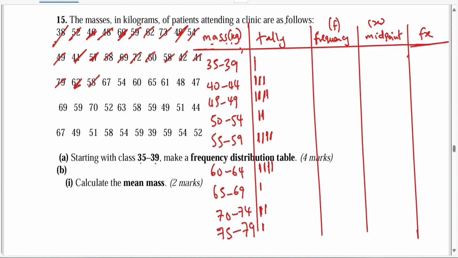Okay, 58 it's here. So isha complete the 5, so just cross it over. 67 is here. 54 is here. 60 it's here.